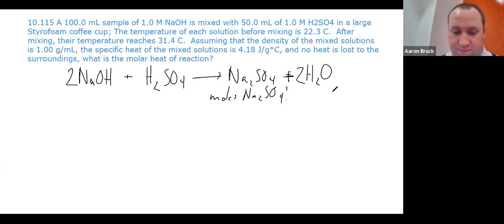Luckily for us, we can use a little bit of a trick to get us to that spot, as opposed to going through the traditional solution stoichiometry limiting reactant kind of problem. The trick here is something called the millimole method.